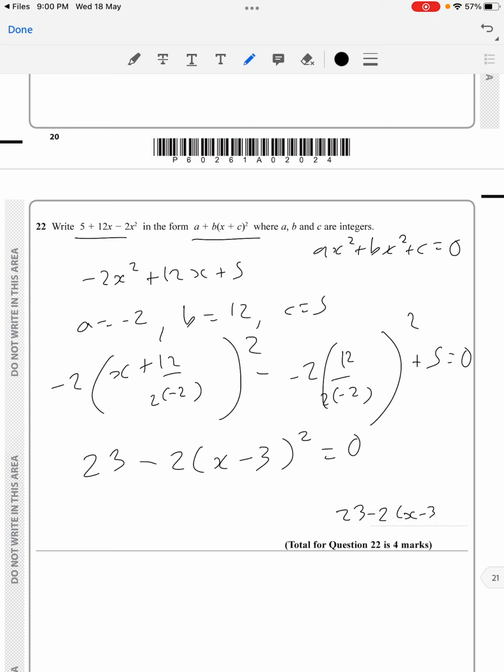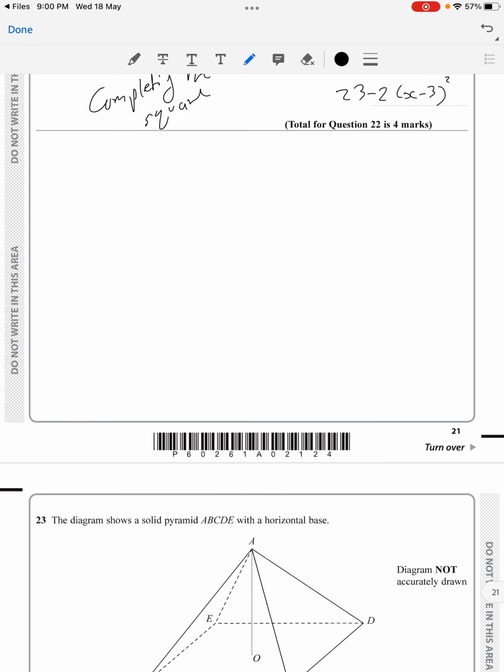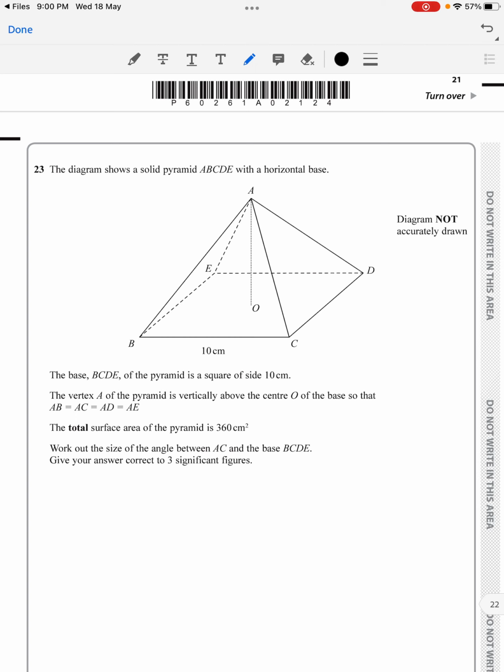So that's 23 -2 brackets x minus 3 raised to power square. That's in the format. So you can follow any method. This is for completing the square, for you to just research on the internet what method you should be following. I'm just following one type of method for completing the square, right?